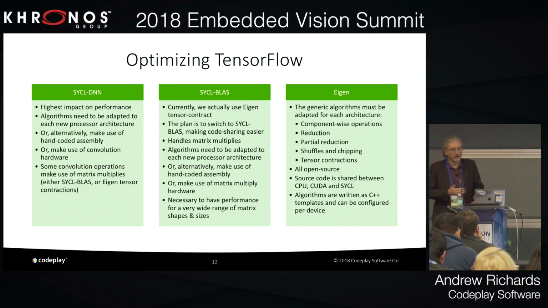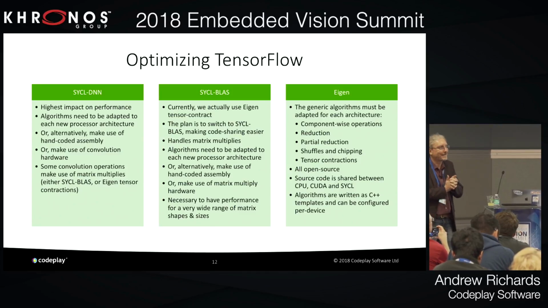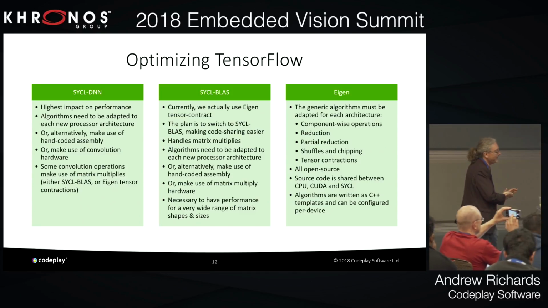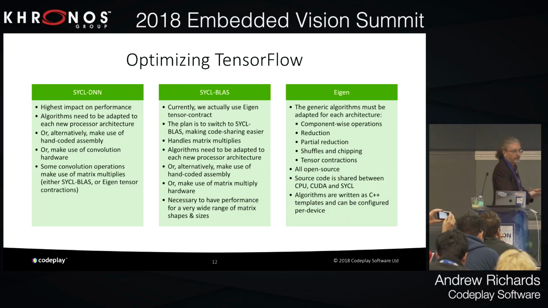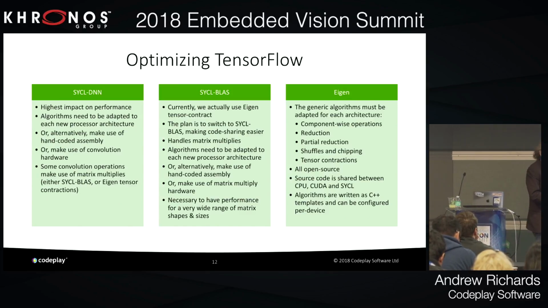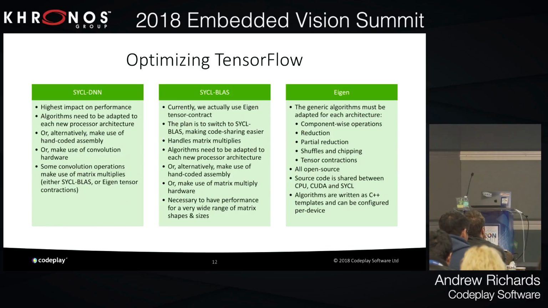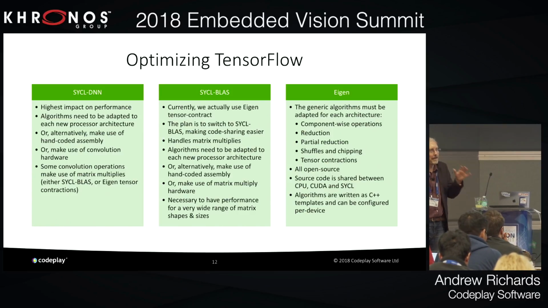So what do we need to do to get the performance up? That's one of our main targets. We need to support more hardware, of course, but we really need to get the performance up to be fully competitive. SYCL DNN, we've discovered, is the highest impact on performance. I've not got numbers showing you what that looks like in a network, but it's a big impact currently.